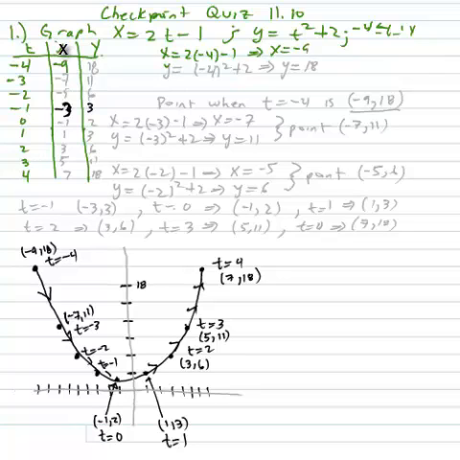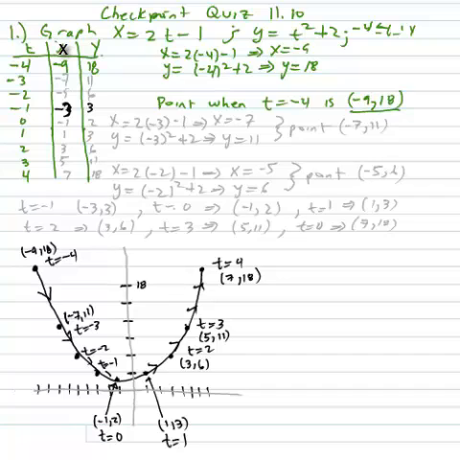And we can find the corresponding y value as well. When t is negative 4, y is negative 4 squared plus 2, and that gives us 16 plus 2, which is 18. We know this. The point when t is negative 4 is (negative 9, 18).